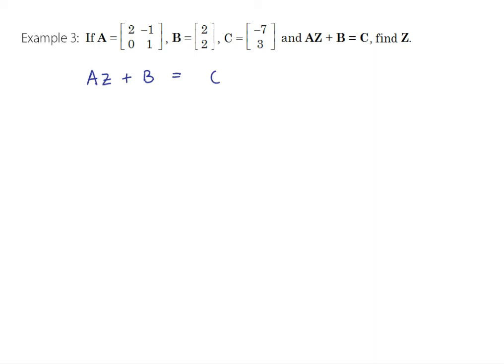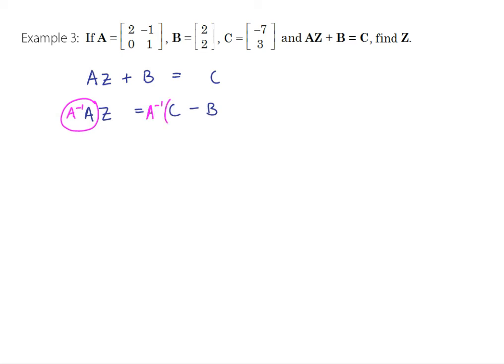Okay, so it's only division that's restrictive with matrix arithmetic. So otherwise we can do all the same things we would always do. So we want to eliminate B from the left-hand side, so we're going to subtract it. So AZ is equal to C minus B. Now we need to eliminate A from the left-hand side, so we're going to want to multiply it by its inverse. It'll have to go on the left-hand side, so it has to go on the left-hand side over here too.